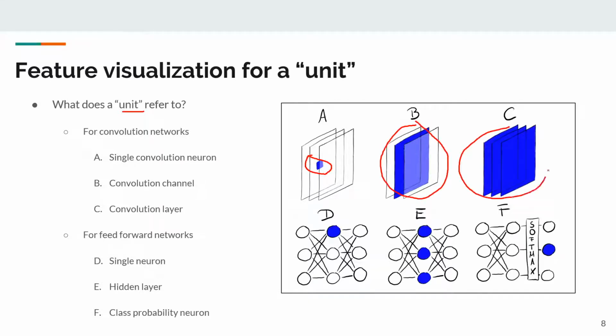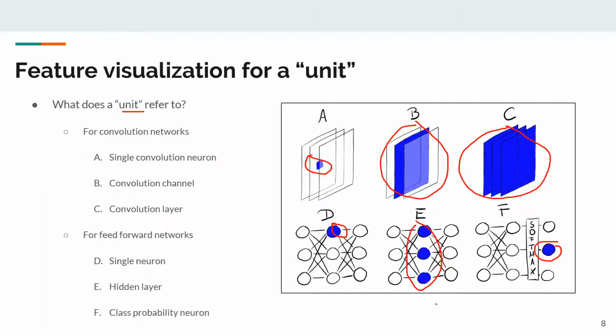For feed-forward networks, it's quite similar: single neurons or hidden layers, or the final class probability in classification, or the corresponding pre-softmax neuron. Individual neurons are atomic units of the network, so we will get the most information by creating feature visualizations for each neuron.